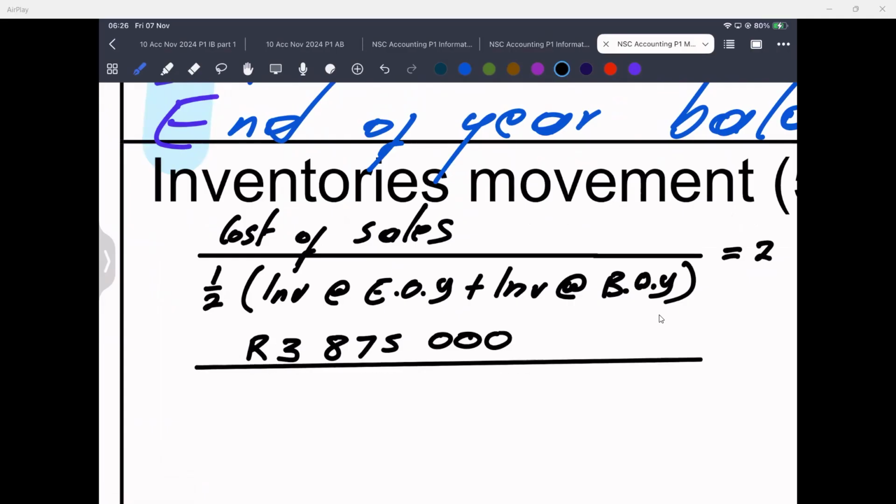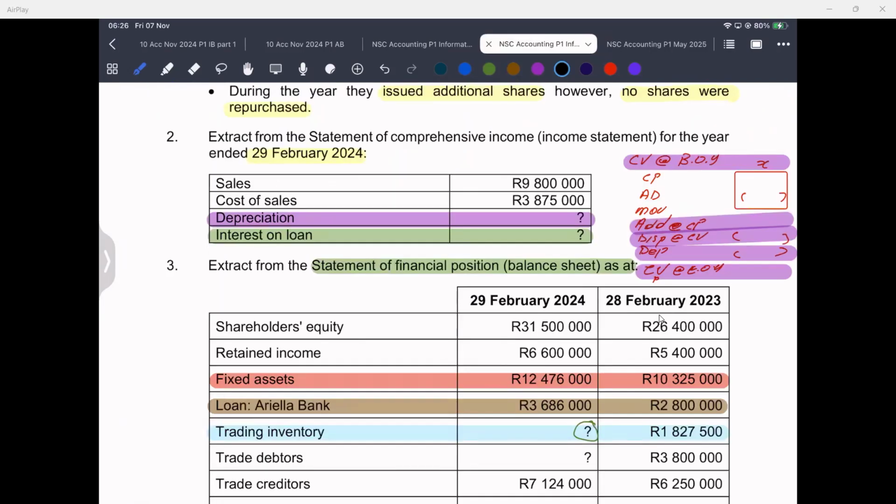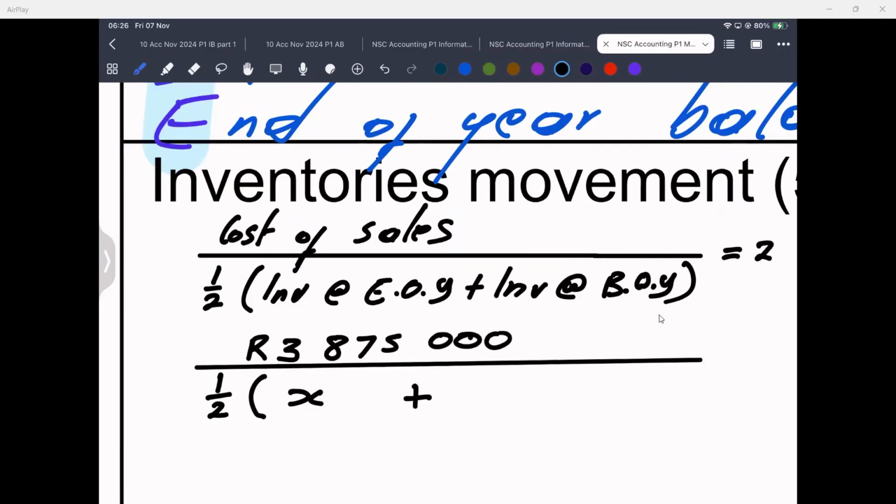This is divided by 1/2. Inventory at the end of the year, we don't know it, it's x. Inventory at the beginning of the year, or your trading stock at the beginning of the year, will be 1,827,500.